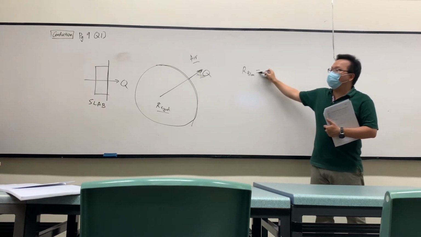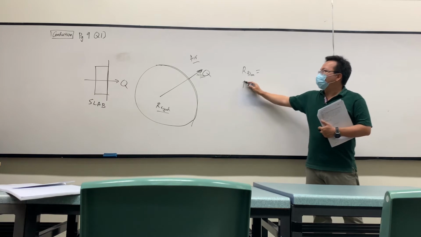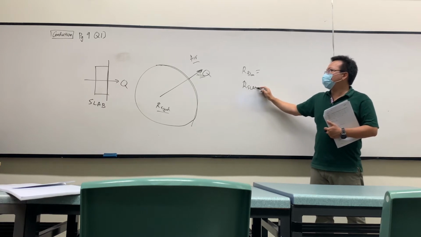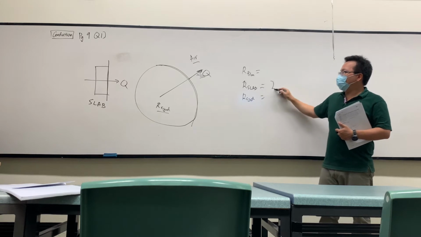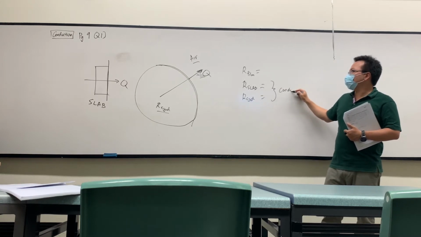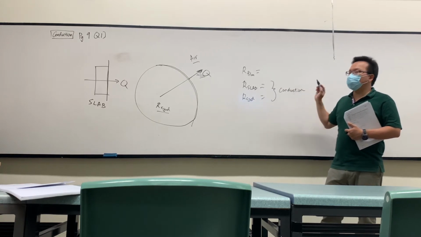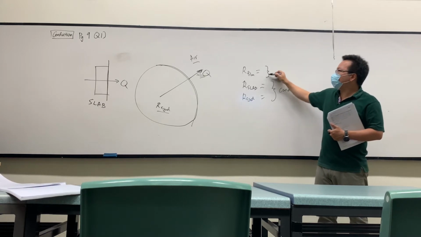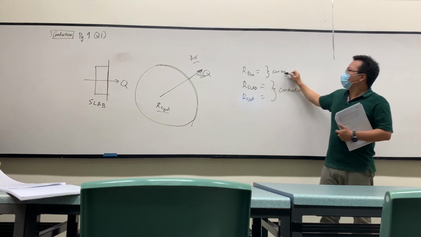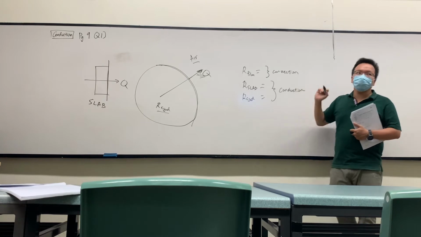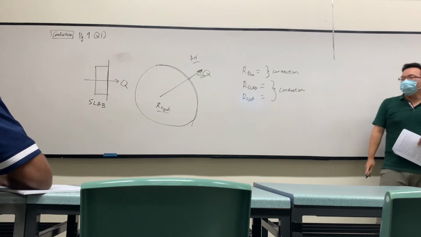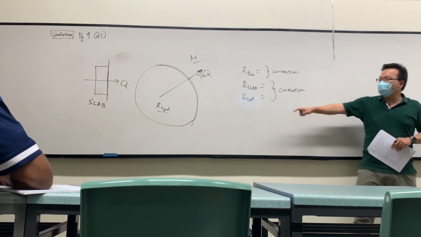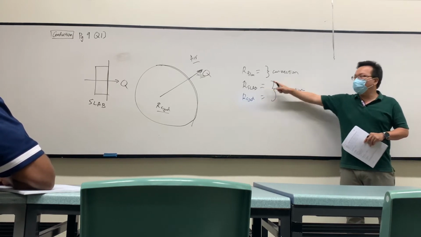So take note, can you label as such? R slab, R cylinder. This one is conduction. This one is convection. So you remember. Take note that for conduction, when it's a slab or a cylinder, the equation changes.